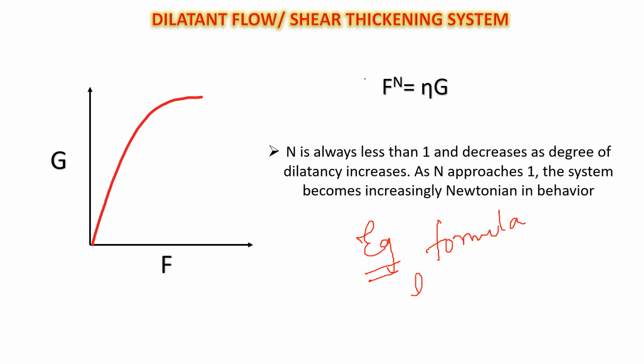Correct? The graph, how the graph shows, interpretation of the graph. These are some major things we should consider, along with the basic concept you should already be aware of. So this is a conceptual understanding of the three types of flow exhibited by non-Newtonian systems: plastic, pseudoplastic and dilatant flow.